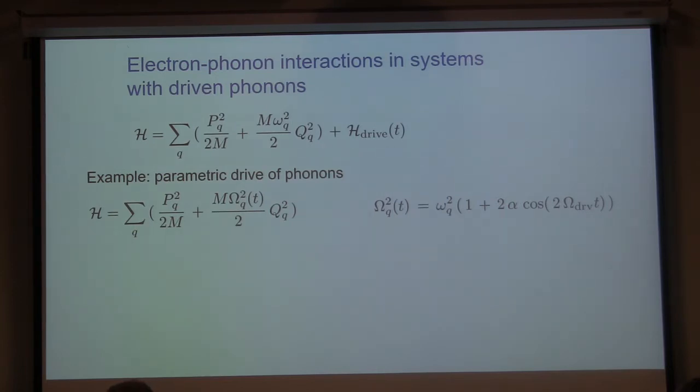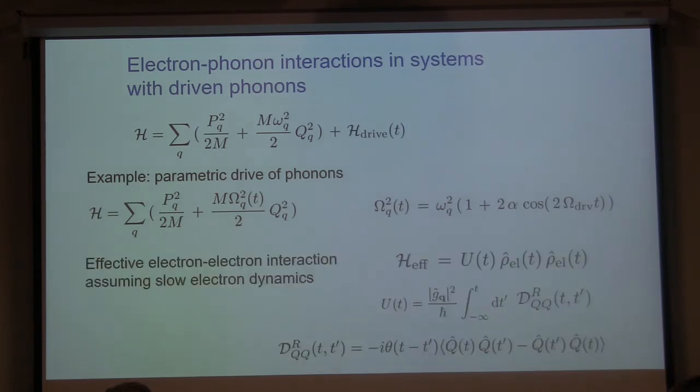Let me assume that these oscillators are not our usual equilibrium oscillators, but they're excited in a very particular way. They are experiencing what's known as parametric drive. Basically, you can think about this as a spring constant of a harmonic oscillator being periodically modulated in time. Right? So, okay. Now, we know how to compute the effective electron-electron interaction mediated by static phonons.